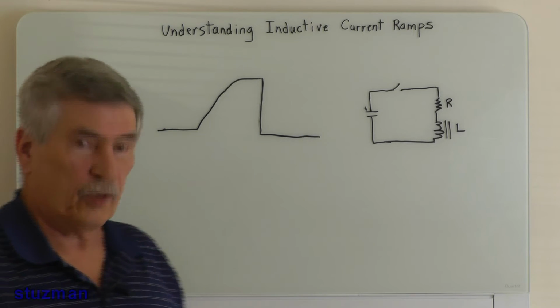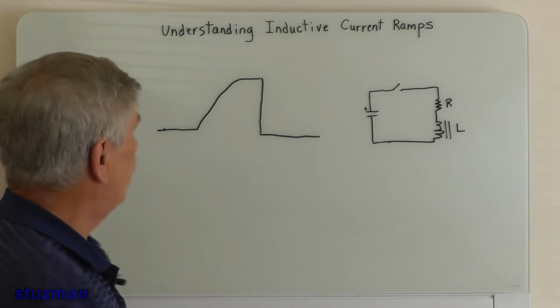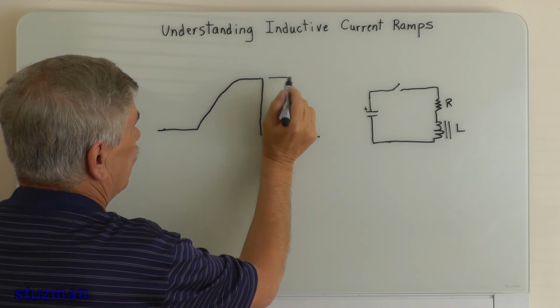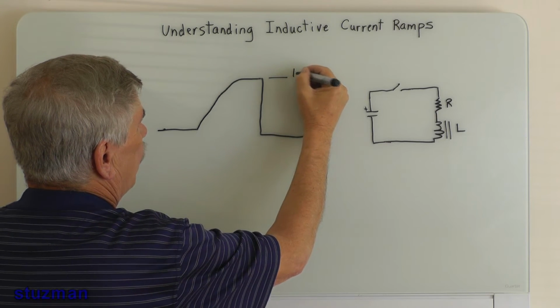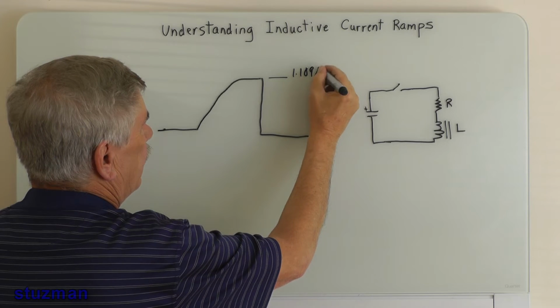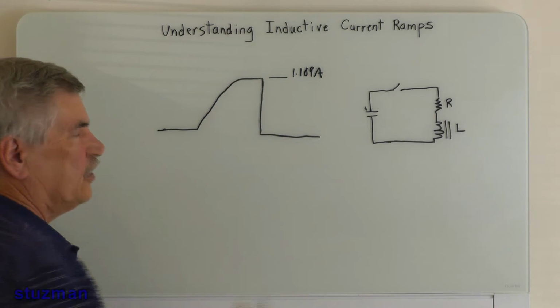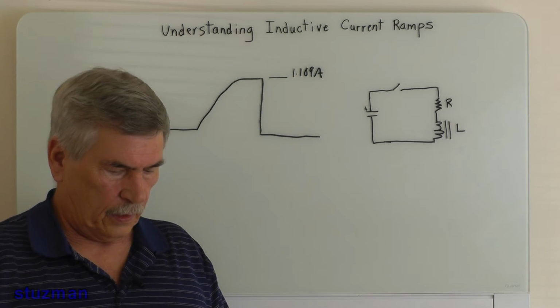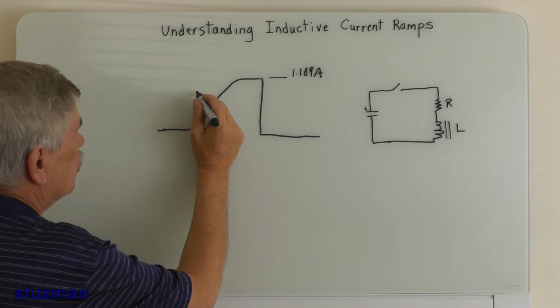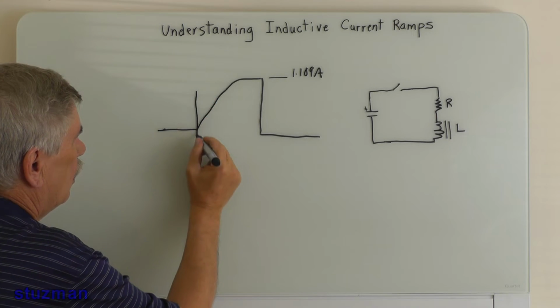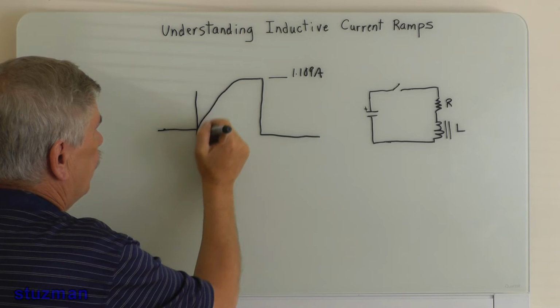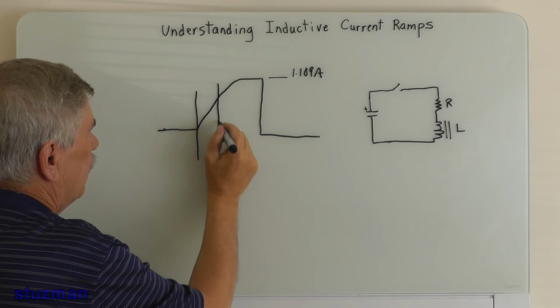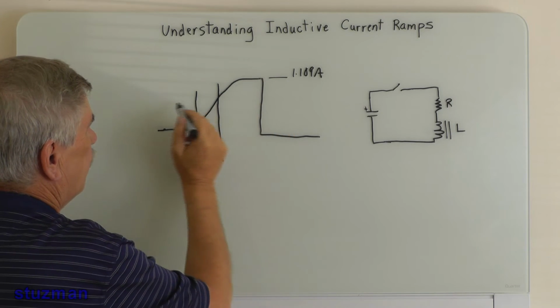I'm putting on my notes here what I got. We knew that our max current was 1.109 amps, steady state condition. We also knew that from here we put a cursor and we came down, right? And we snapped a line.